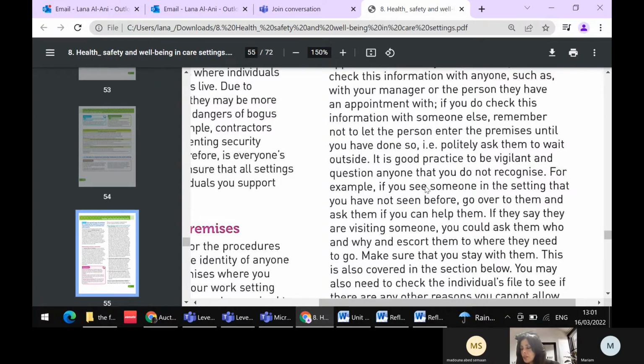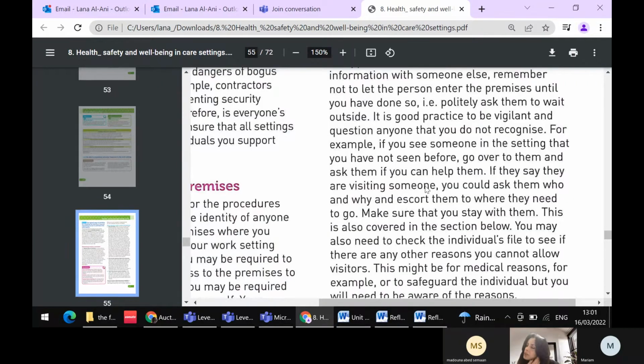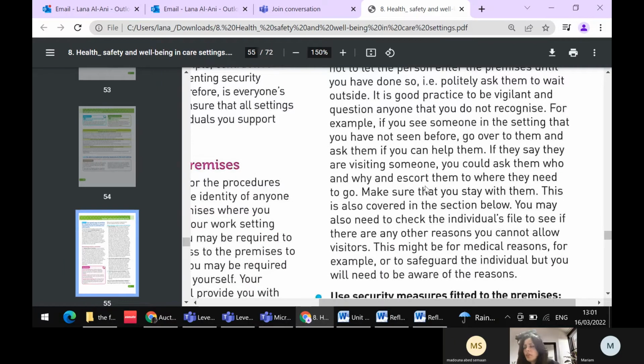Get all the information, stay with them, and escort them out of the building after they finish. They need to sign the booklet in case of any emergencies, so at least we know who is in the building and for how long they've been there.